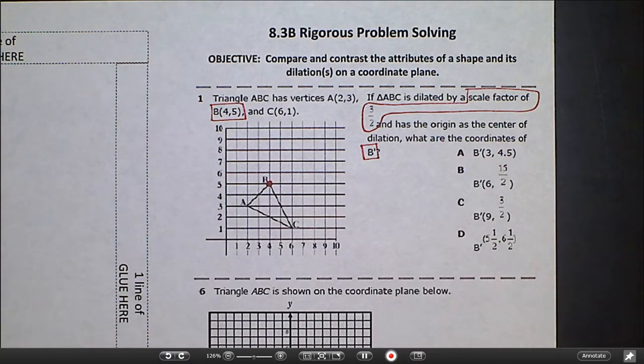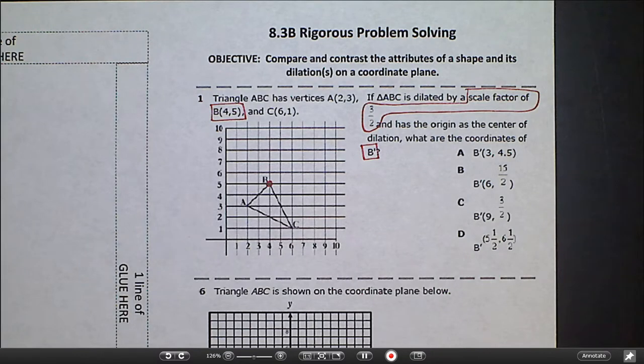All we need to do here, if you remember from 8.3c that we did before, we talked about how when we're making an algebraic representation for a dilation, all we have to do is multiply the x-coordinate by the scale factor and multiply the y-coordinate by the scale factor.